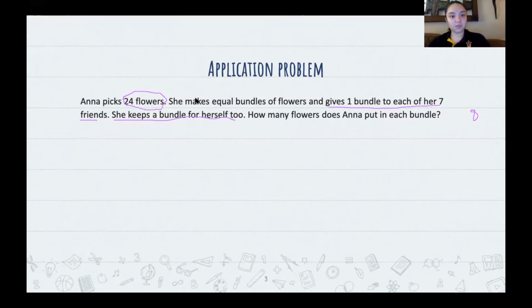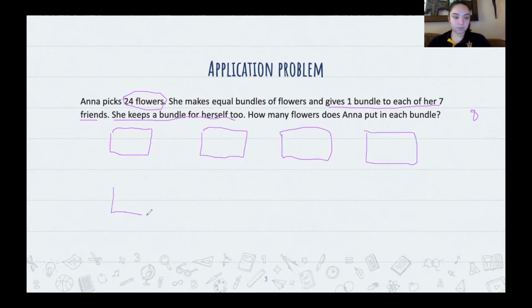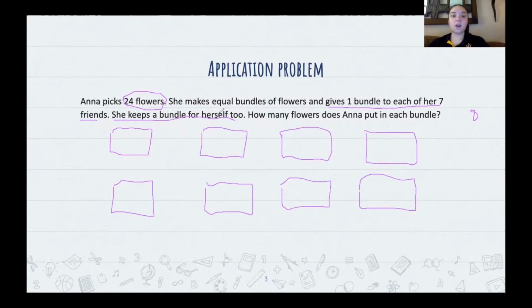I'm going to use a star stamp, and I'm going to make 8 boxes to represent our bundles. This represents each person that's getting a bundle of flowers. Now that I have my 8 boxes, I'm going to put 1 flower, using a star stamp, in each box until I hit 24.